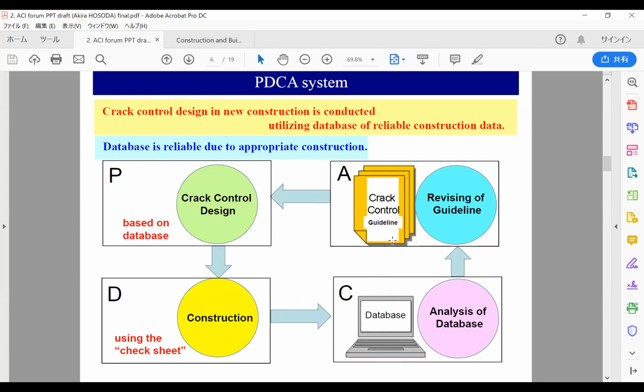Of course, they already have a very nice, sophisticated crack control guideline, updated and improved every year. So can you imagine the scheme of the system? They do not need to use numerical simulation.